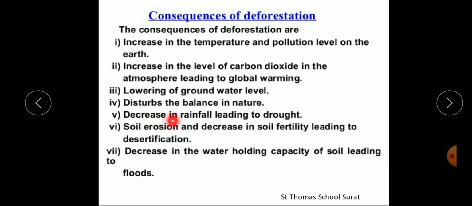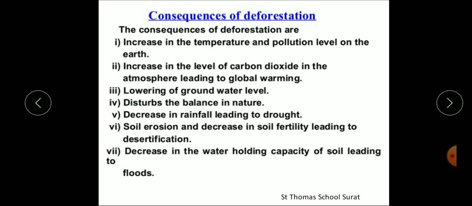Then a decrease in rainfall leads to drought. Here the natural calamities, such as floods and droughts, will increase. Trees help to absorb water from the ground. Understood? If deforestation takes place, then there will be increased chances of natural calamities like floods and drought, right?